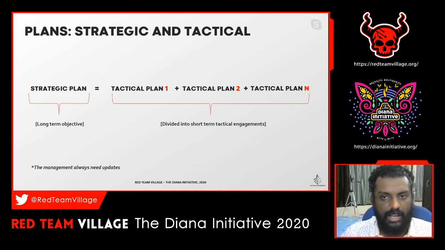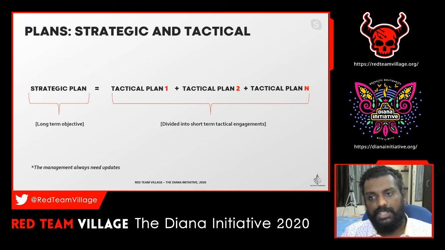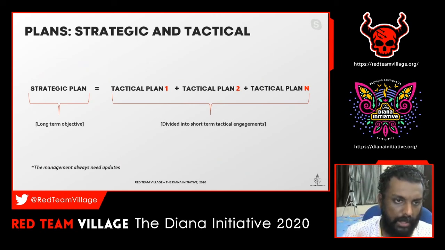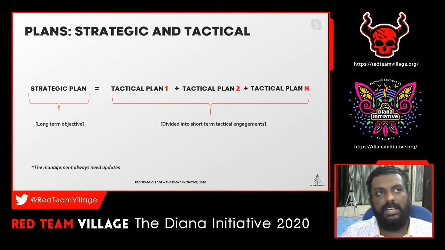In our case, the tactical plans are the phases. IRTO has different phases, phase 1 to phase 5, and each phase can be considered a tactical plan. For example, we take phase 1 as tactical plan 1 and give it a time frame, let's say 3 to 6 months.